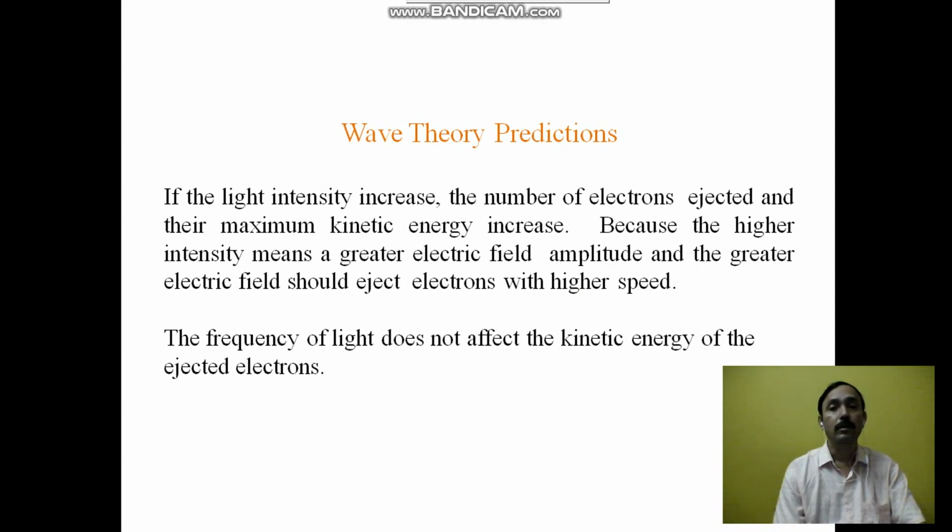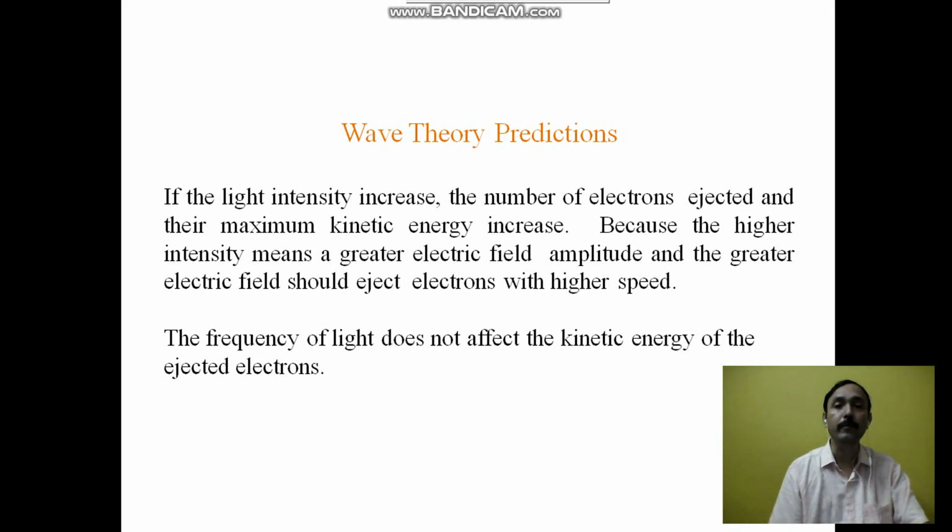Now, if we try to explain this with the wave theory, predictions are like this. If the light intensity increases, the number of electrons ejected and the maximum kinetic energy increase.